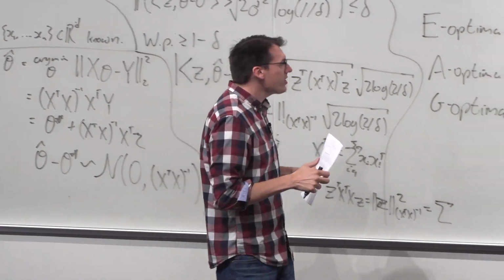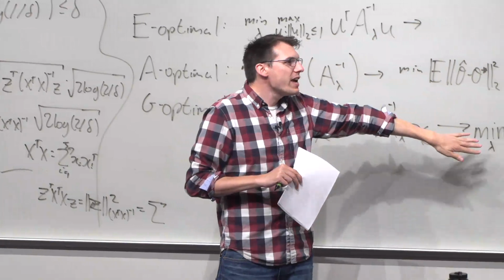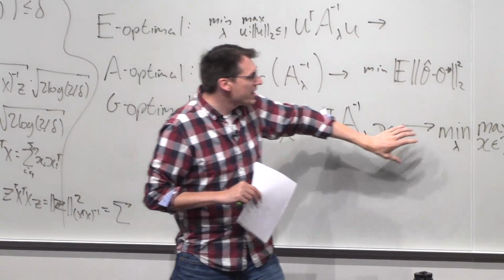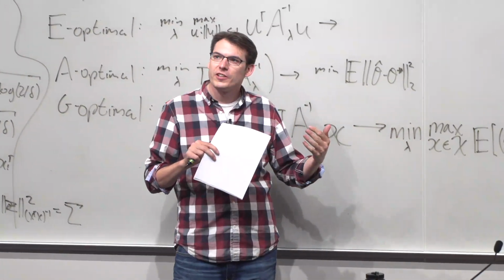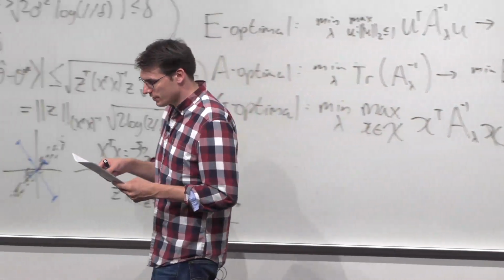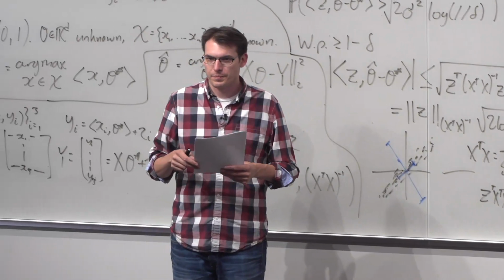So if we're going to follow that same pursuit, G-optimal seems to be exactly what we're trying to do. Because this is equivalent to, I want to choose my design X such that I minimize the covariance, or the largest confidence interval of my X's.